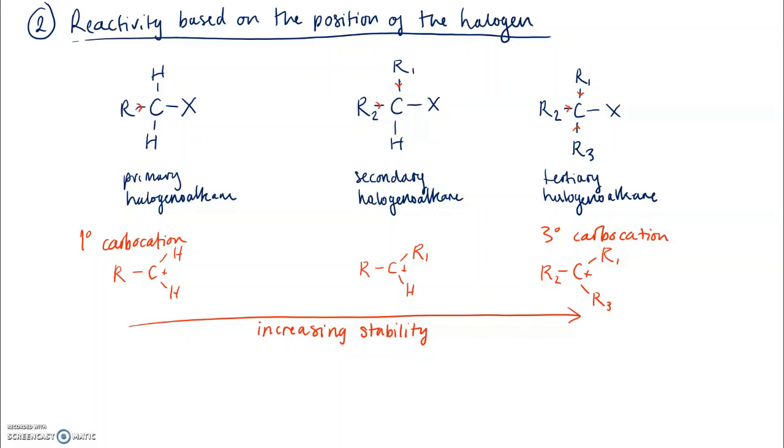And in the case of SN1, we are waiting for our nucleophile to attack the carbocation to complete the mechanism in the second step. So the tertiary carbocation, which would result from the tertiary halogenoalkane, is more stable. Therefore, there's a better chance that it will persist for long enough for the nucleophile to attack it and therefore complete the reaction.